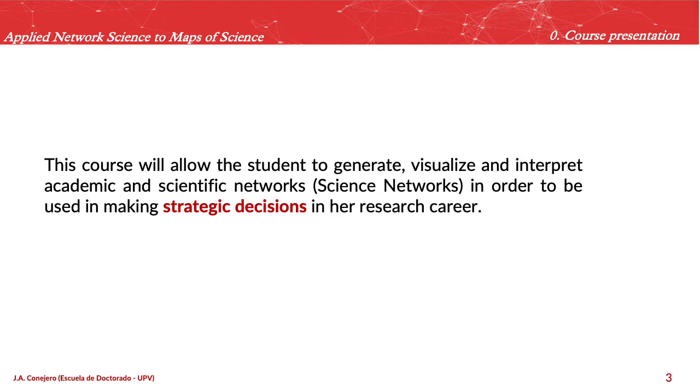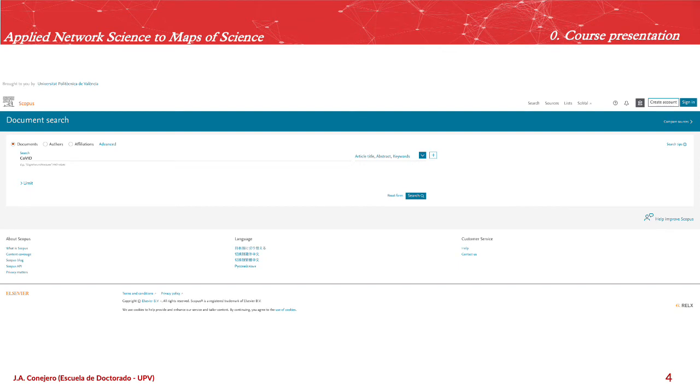In order to introduce what scientific networks and these maps of science are, I'm going to show a small example. Here you have Scopus, which is a research database where you can search for documents, authors, etc. And suppose that we want to know what the panorama is on the research of COVID. So we put COVID as the term for the search and we conduct this search.